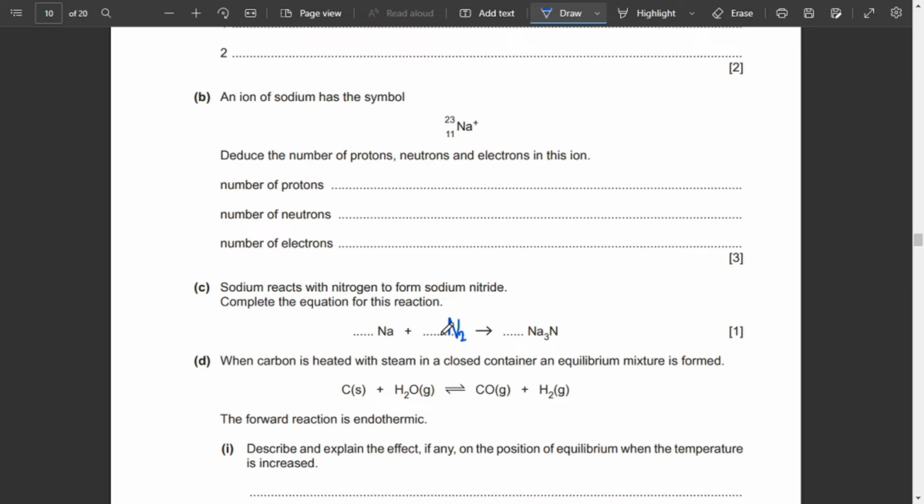So if we see Na3N, we only have one N over here yet. So if we have to balance it and we put 3 over here, let's do trial and error, if we put 3 Na over here, nitrogen will not be balanced because we have 2 nitrogens on one side and 1 nitrogen on the other side, so it's not going to be 3.